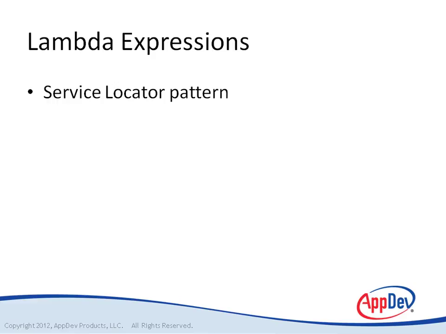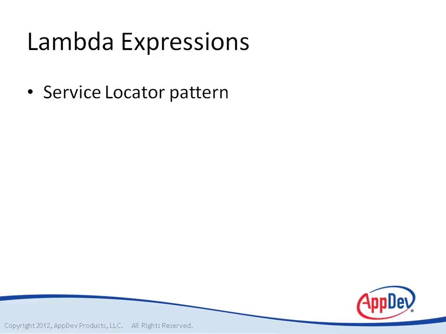And so when my application needs an implementation of an interface, it goes to the service locator and says, hey, I need an IRepository. And the service locator finds the IRepository, sees what object is mapped to that, and returns you the object.